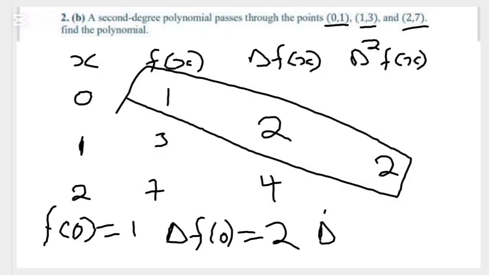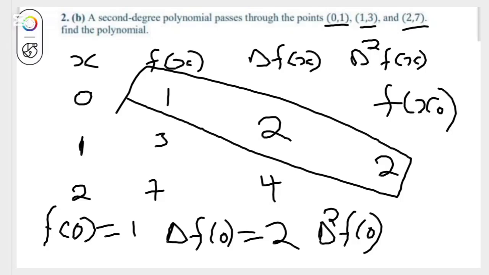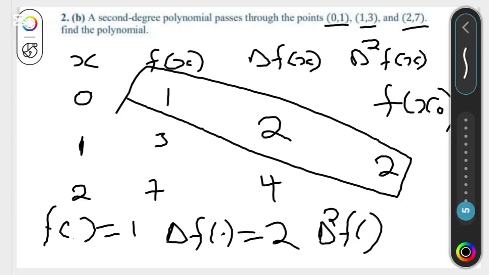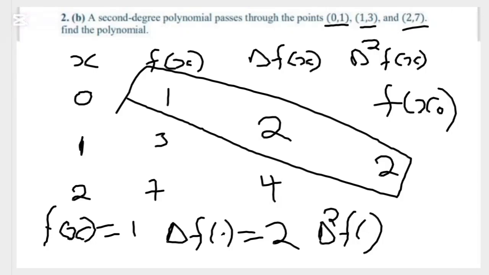And also the square f of x naught, let me change it to x naught. So also this is 2.